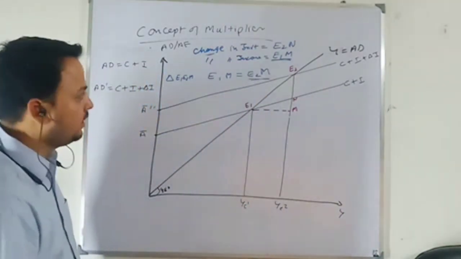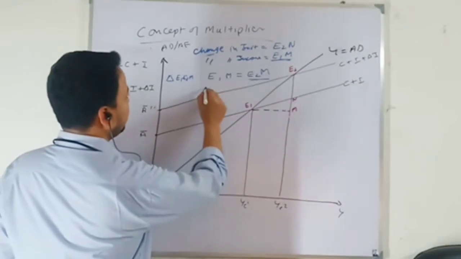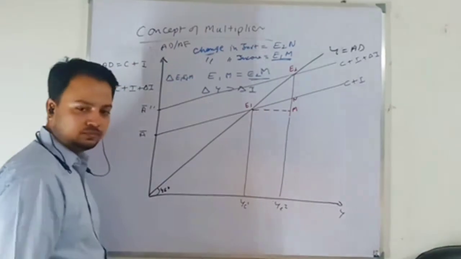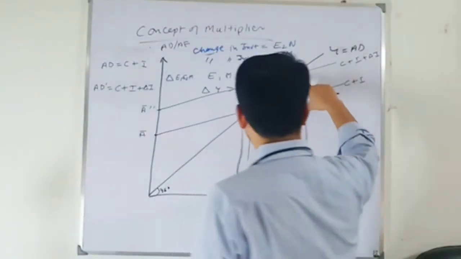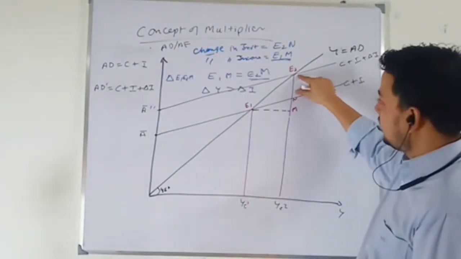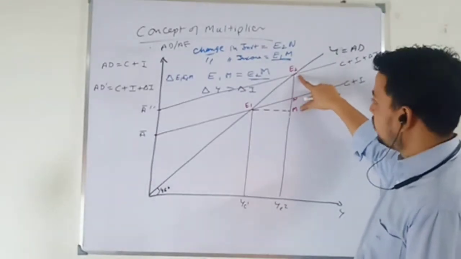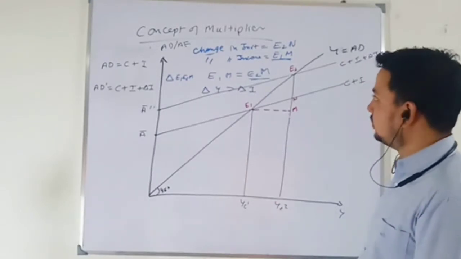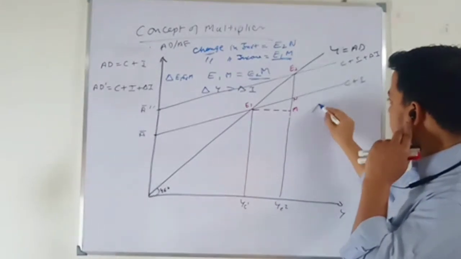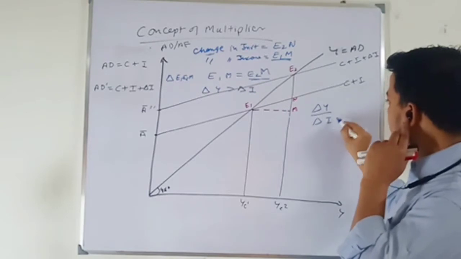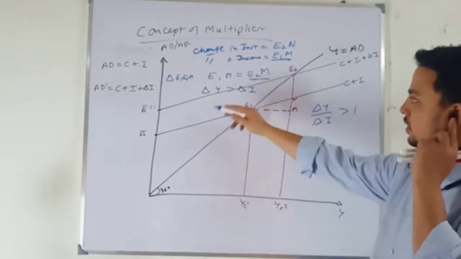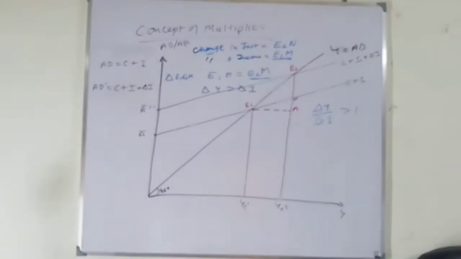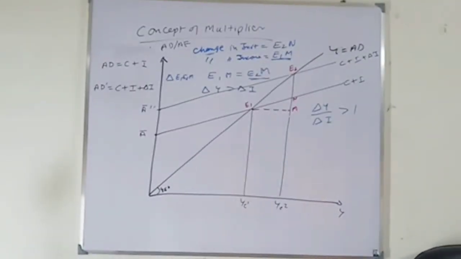So you can easily see that change in income is more than change in investment. Change in income is E1M, and change in investment is E2M, because E2M is equivalent to E1M. Is it clear? So change in income due to change in investment will be greater than 1. Just divide both sides by change in I. So your multiplier will always be greater than 1.